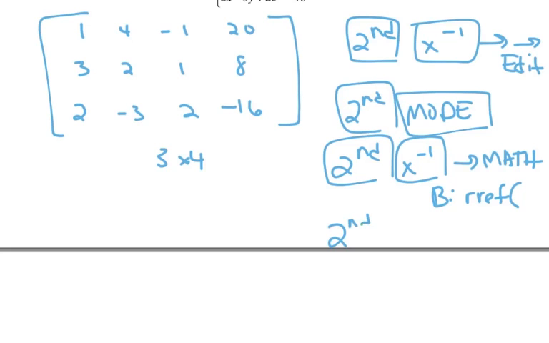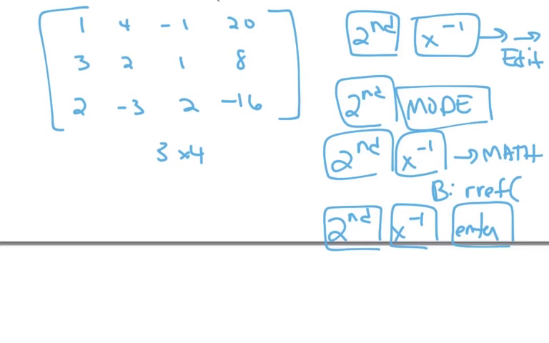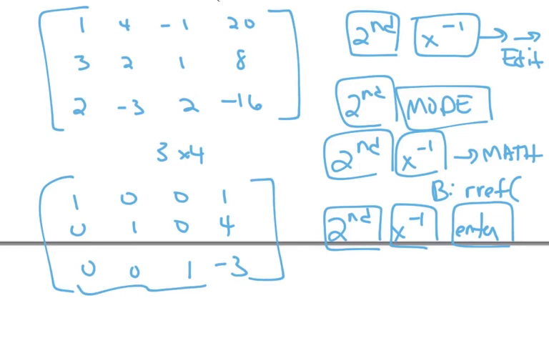And then you go back into matrix a third time, but this time you stay on names and you hit enter twice until you get this matrix. And then the fourth column should say 1, 4, -3. As long as this part of the matrix is that identity matrix, the one that has the ones on the nice diagonal, then your solution, the ordered triplet, is your last column.